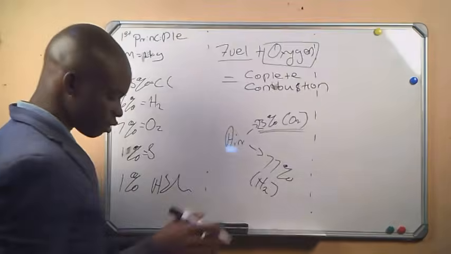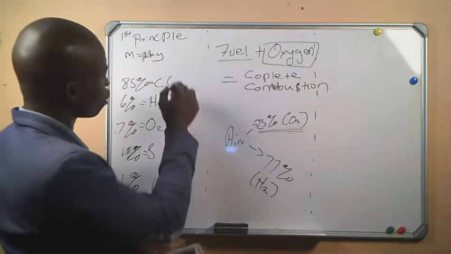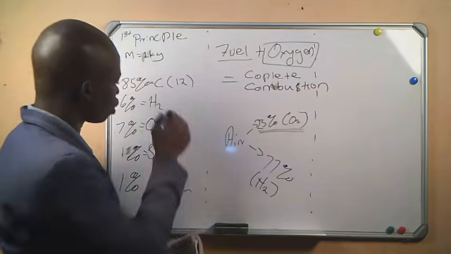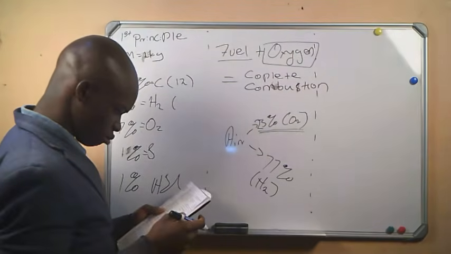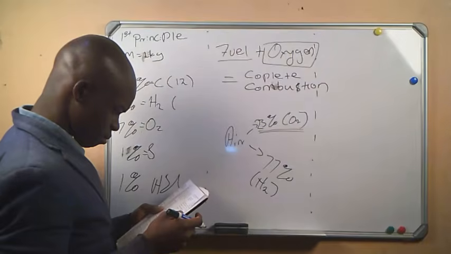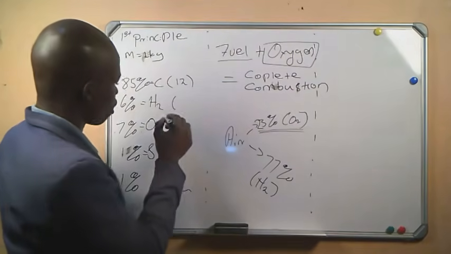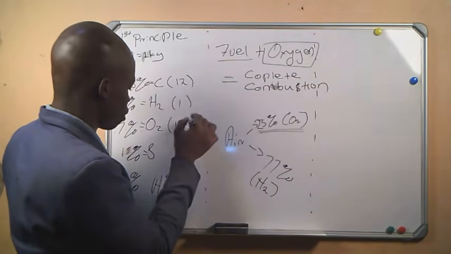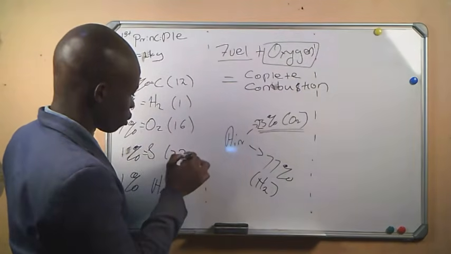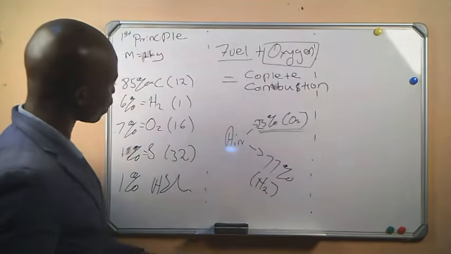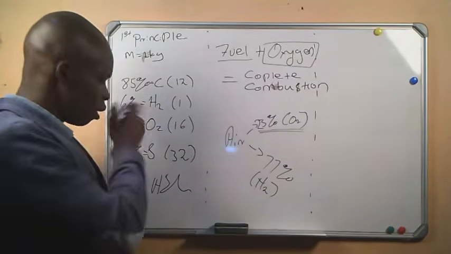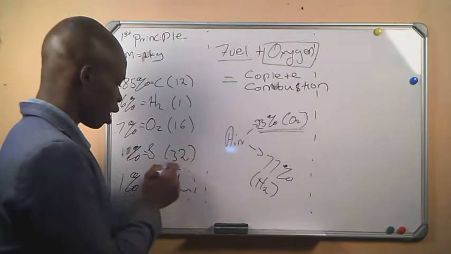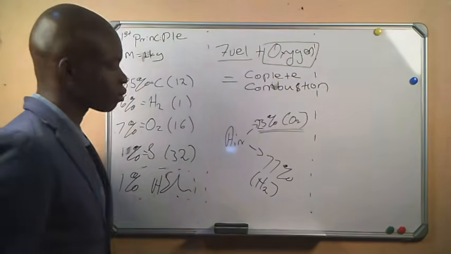Their atomic masses: for carbon, they said 12. For hydrogen, 1. For oxygen, 16. And for sulfur, 32. Those are the atomic masses of these particular molecules. We do not have a particular atomic mass for ash.